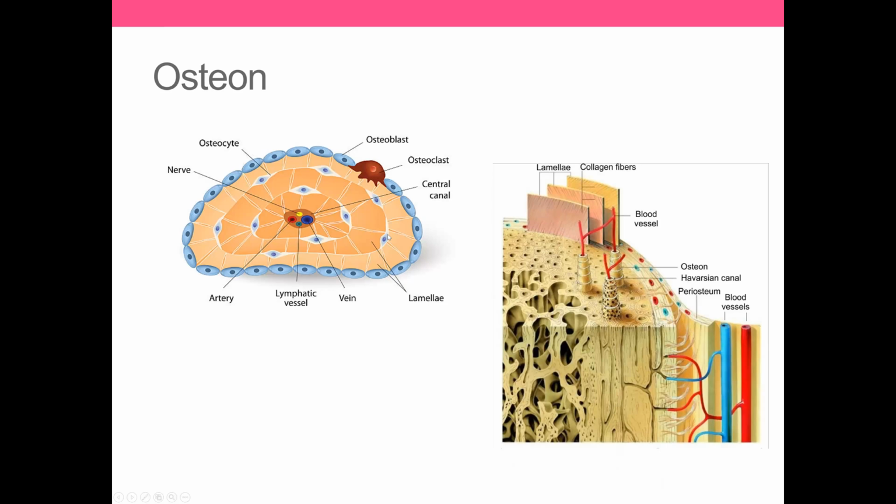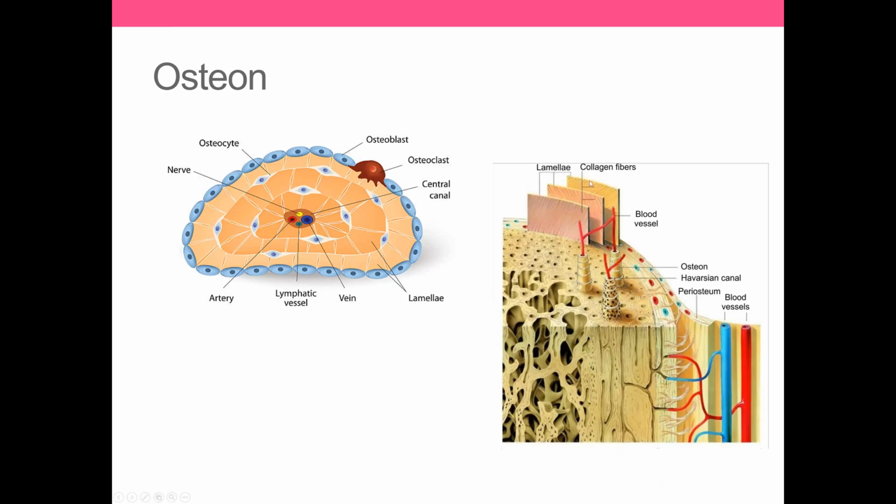This is where you find your osteocytes and the lacunae, with the little canaliculi reaching in to touch another osteocyte. And around the outside is the outermost area of the osteon. This is where you would find your osteoblasts and osteoclasts, which play a role in the remodeling.